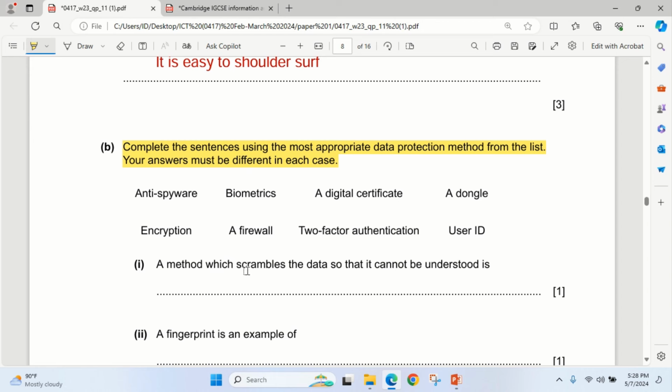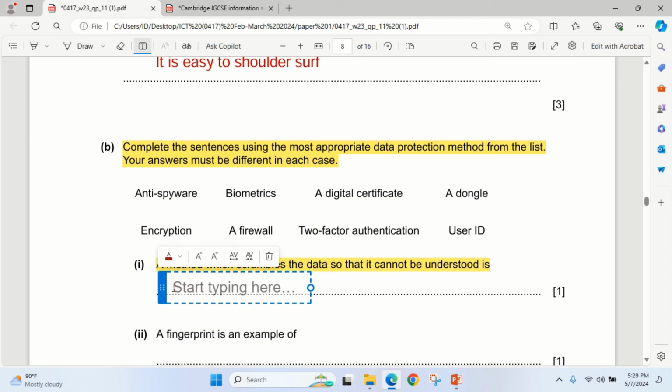So let's read each of the sentences and see which word completes them. Number I, a method which scrambles the data so that it cannot be understood is encryption.